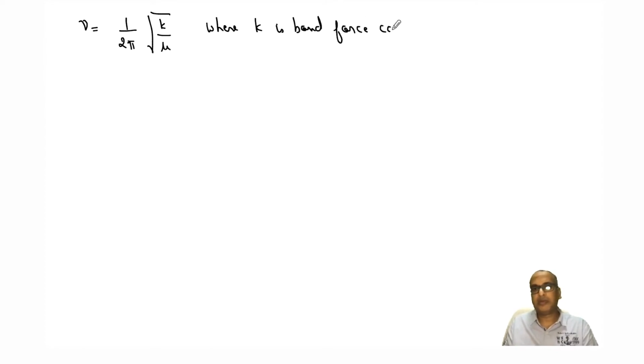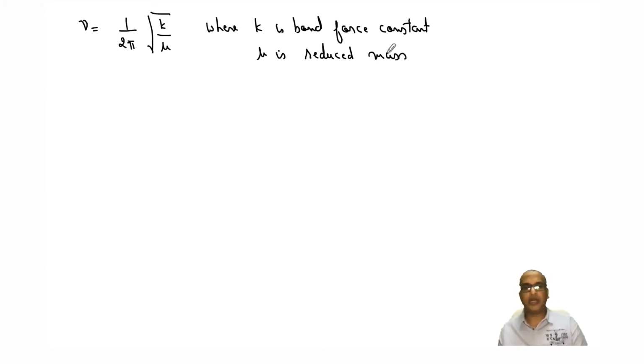Nu is given by 1 over 2 pi square root k by mu. And we have already seen what is k. k is bond force constant, and mu is reduced mass. Reduced mass also we have discussed already in rotational spectrum, right?